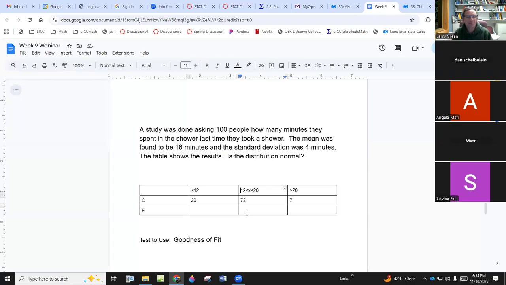Any thoughts? Let me remind you, there's something called the empirical rule. It said that if you have a normal distribution, do you remember what percent is within one standard deviation of the mean?